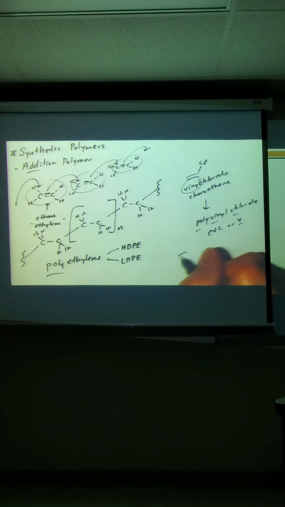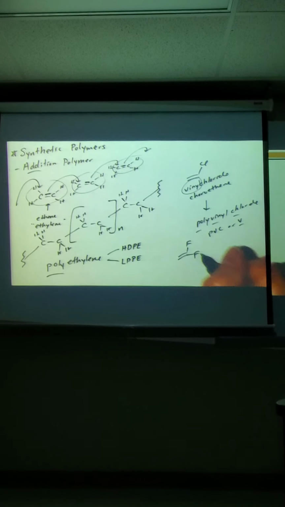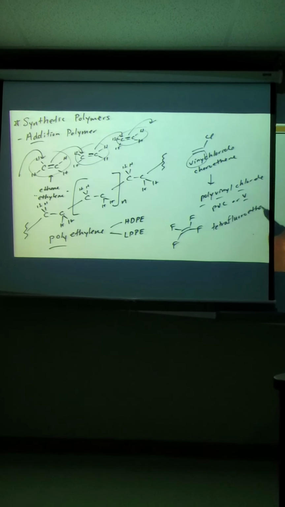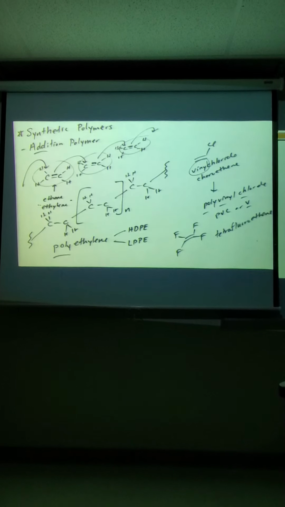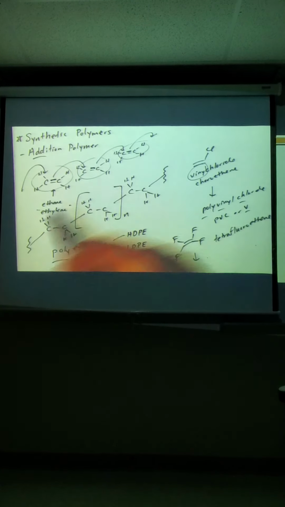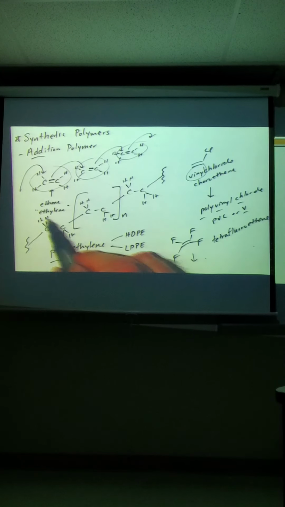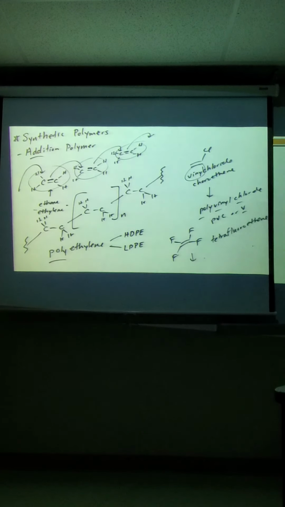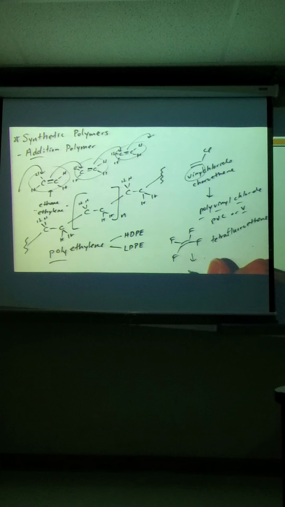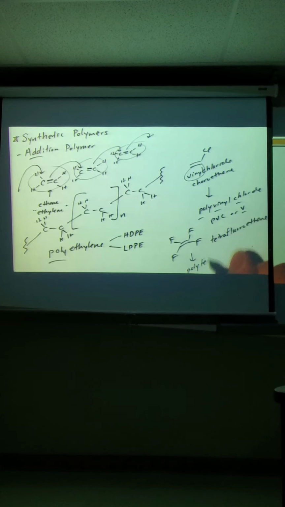Other ones that are important would be ones with 4 fluorines. This is called tetrafluoroethene. Notice all these are ethene based because they're 2 carbon units with double bonds. When you make it a polymer and link it together in much the same way, just replace all these with fluorines instead, which are super electronegative, you would get polytetrafluoroethene.